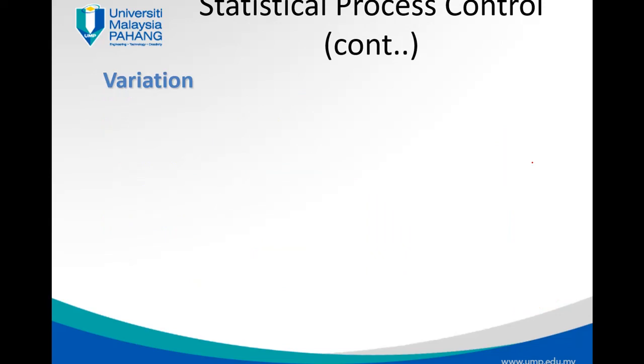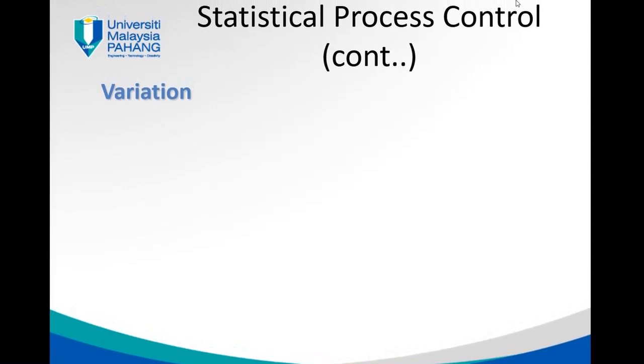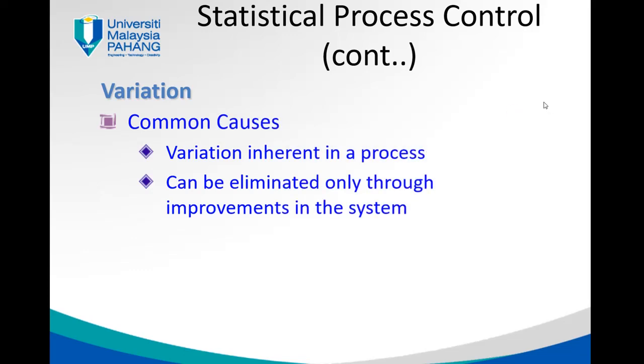Alright, so about statistical process control and variation. Variation is basically common causes. Variation inherent in a process can be eliminated only through improvement in the system. Variation means there are slight differences in our process.